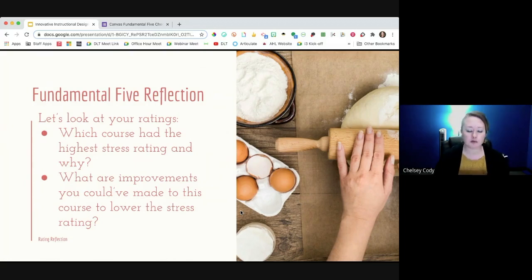Maybe one was more stressful to you than the other for reasons other than the fundamental five, but think about your highest stress rating and why. And then we're going to take what was stressful and what could have been improved. What could have been added to that course to make it easier to navigate and to learn as a student? Again, put yourself in the shoes of a student.